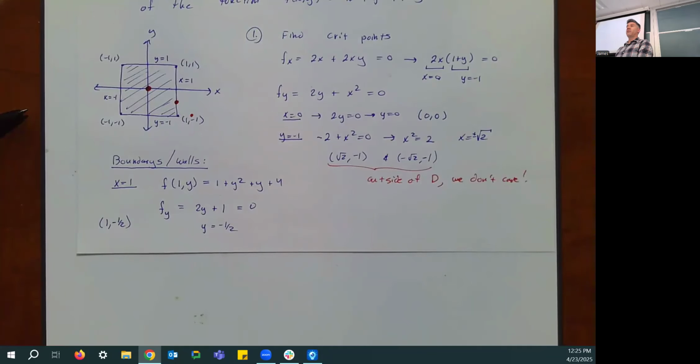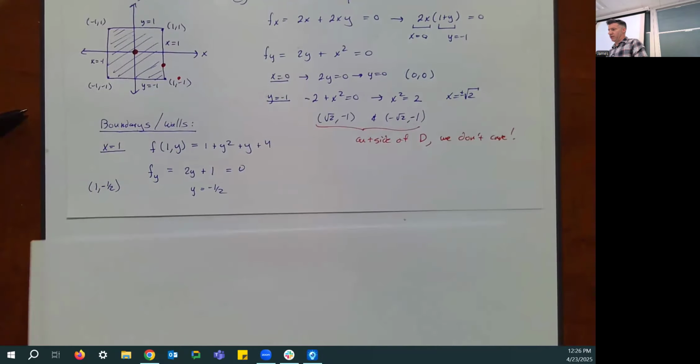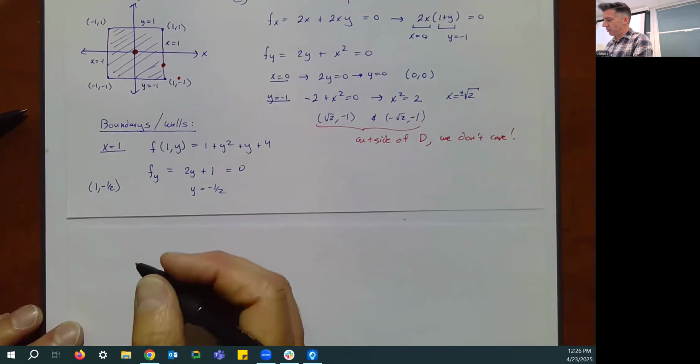We're going to do the same thing for every boundary. So for the next one, we're going to set x equal to -1, and we're probably going to get the same results. Actually, we might not get exactly the same result. I take it back. Let's set x equal to -1 and see before I start saying things that might not be true.